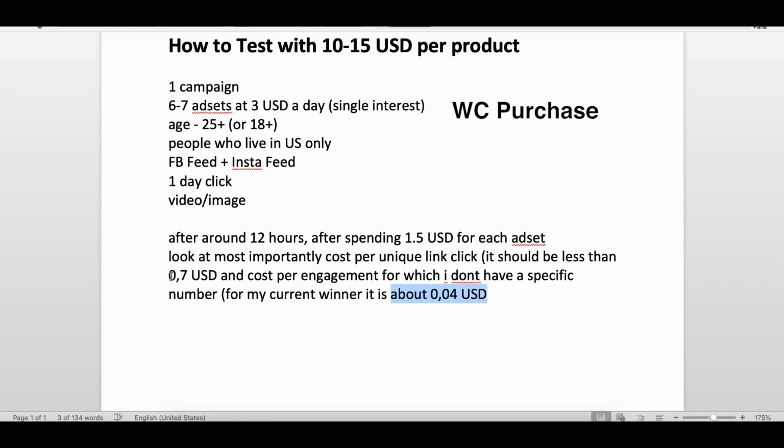Maybe half of the ad sets are good, half are not. So keep it running for another day, and see. If you get a sale on a $3 ad set, you can increase the budget to $10 or $15 per day, but only in the first 12 hours of the day.